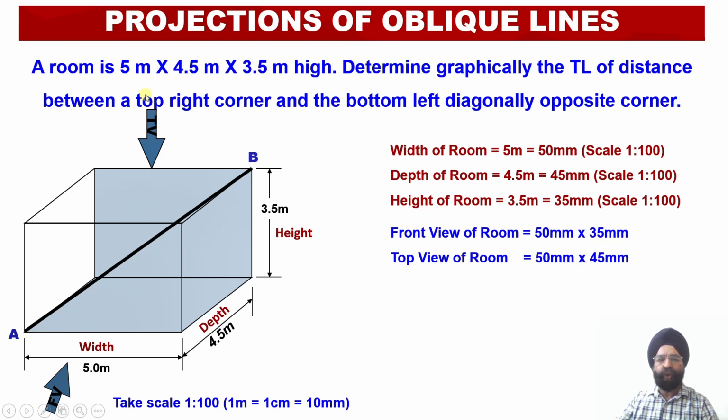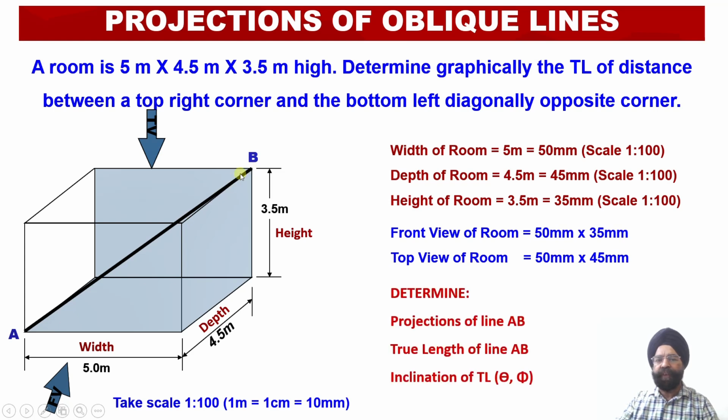Similarly, in the top view, we are going to see the width of this room, which is again equal to 50 millimeter, and besides the width, we are also going to work out the depth of this room, corresponding to the depth of 4.5 meters, so the depth of the room will be 45 millimeter.